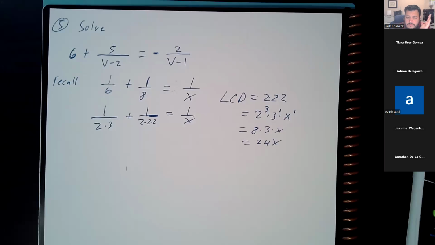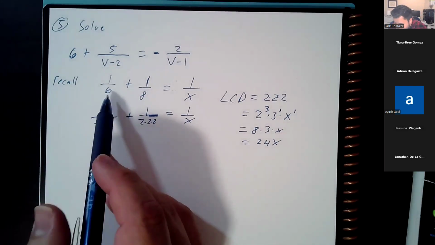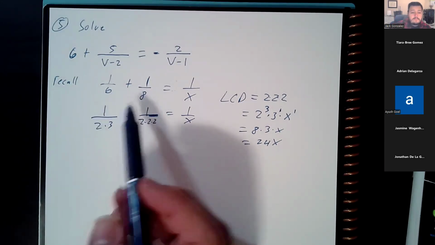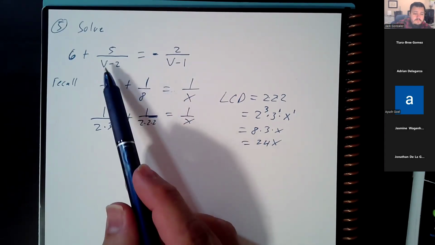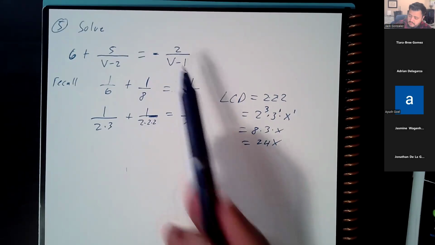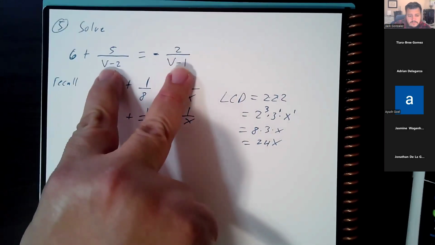So what you do is you factor everything into primes. This works for any fraction all the time, every single time. This is the way you should do it. Yeah, it looks a little harder. I know some of you are like, well, I can just do it in my head. 6 and 8 goes into 24, blah, blah, blah. But no, when we start doing v minus 2 and v minus 1, tell me what do these two divide into in your head?